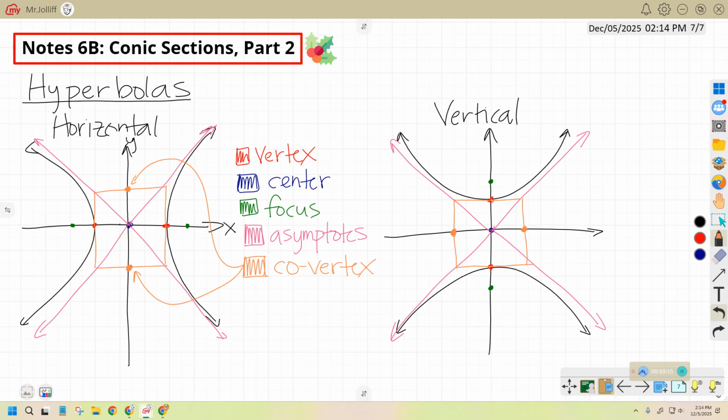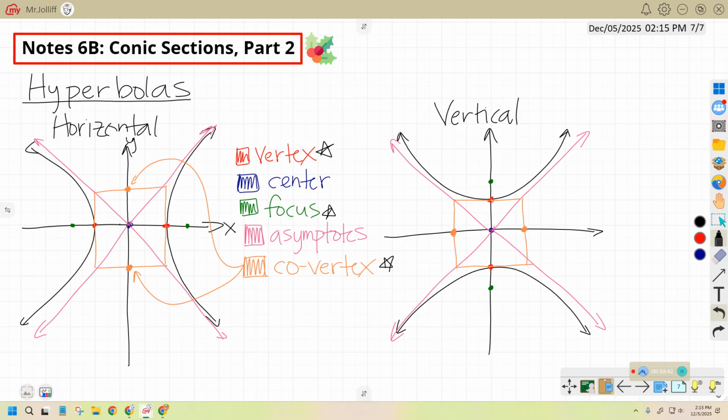Deep breath. There are 3 distances that are buried in that hyperbola that we're going to need to graph and write equations. And they come from the vertex, the focus, and the covertex. Those are our big points. So it's this guy, and this guy, relative to the center.